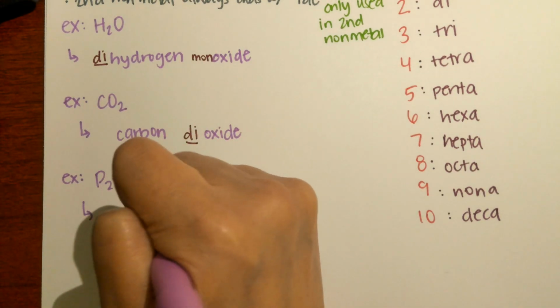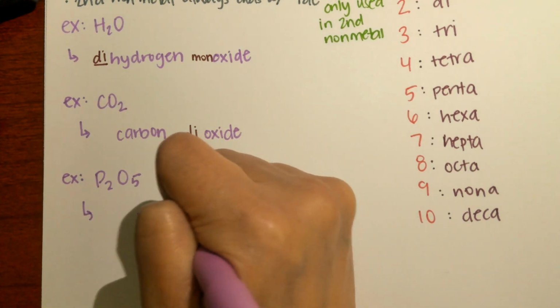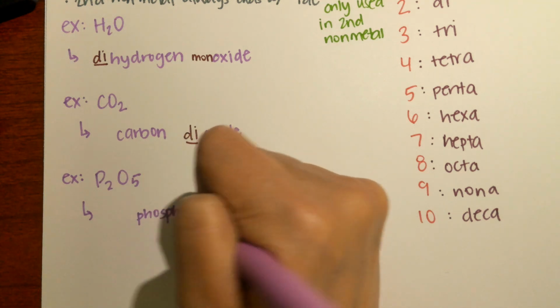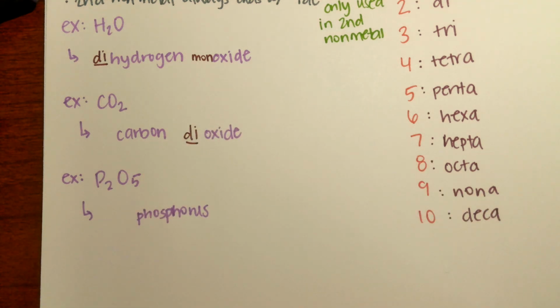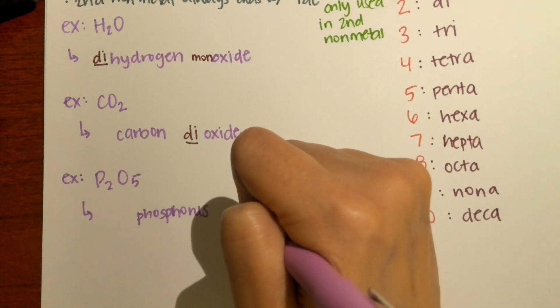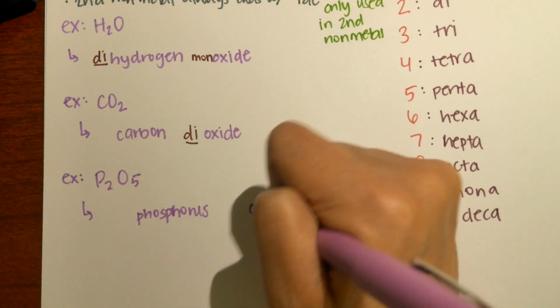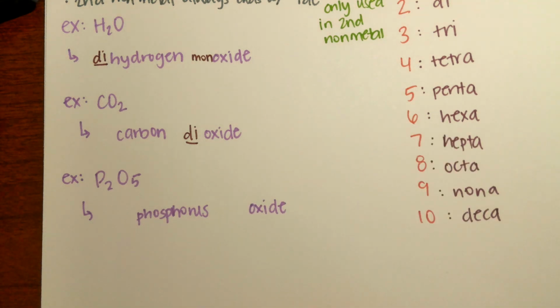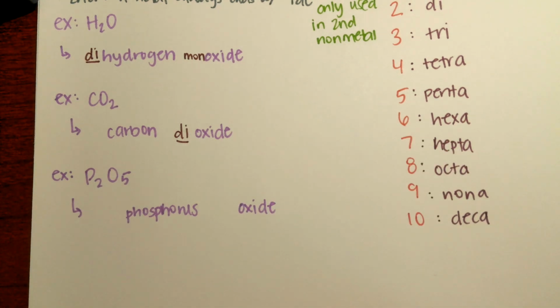Again, I'm leaving a space for adding the prefix. If you want to do the prefix first and then the name, that's totally fine, but as a first time practicing this, I recommend writing the name of the nonmetal and then putting the prefixes after. So we have phosphorus, and then O is oxide. Now we use our prefixes.